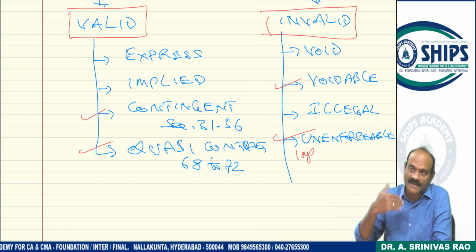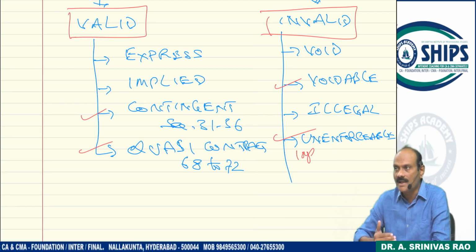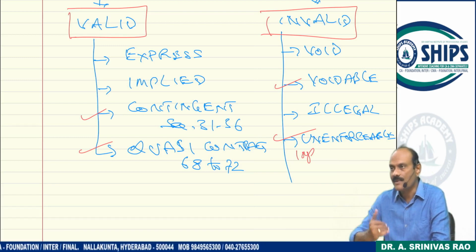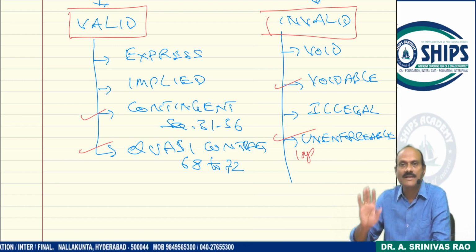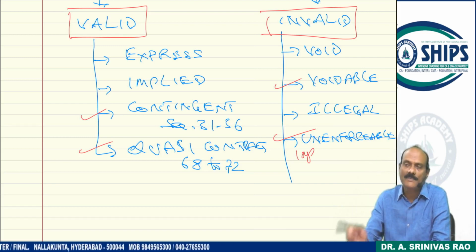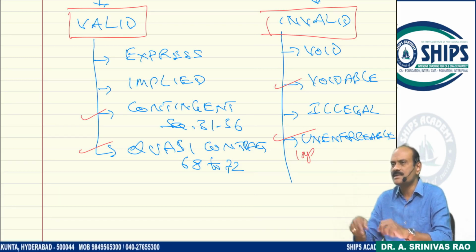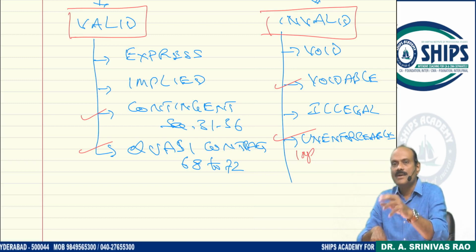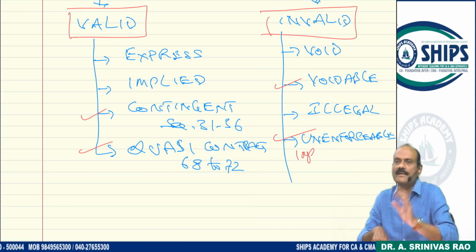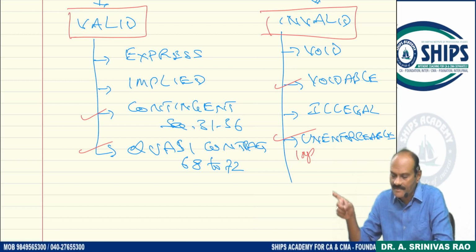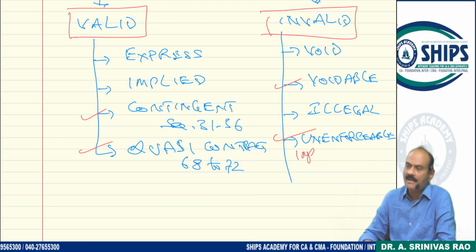Express means either in writing or orally, verbally, word of mouth, parties have agreed. Implied means neither in writing nor in oral. Now onwards, express means orally, verbally, word of mouth, or in writing. Clear? Second, implied contract.